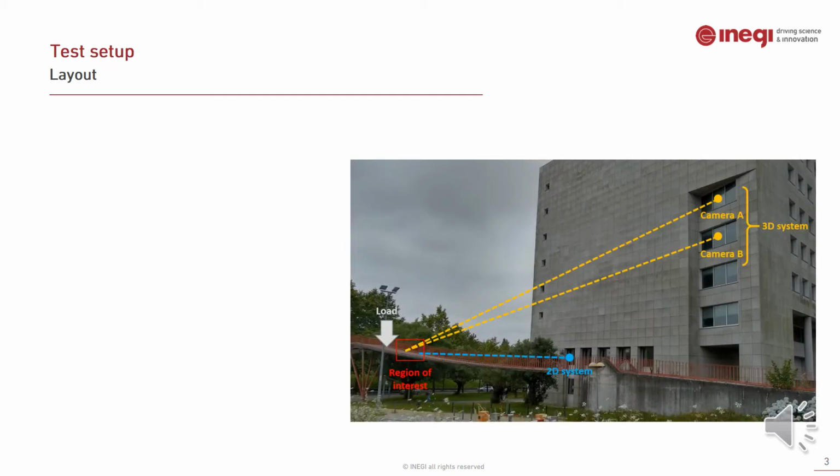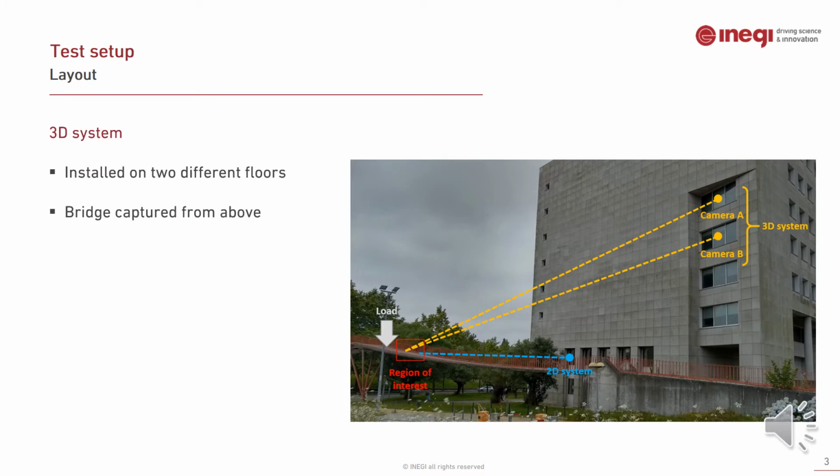Now we'll go over the setup of our test, so the components used in the test and their layout. On this image you can see the pedestrian bridge and the building beside it, and a schematic representation of where we installed the vision systems and where we exerted the load.